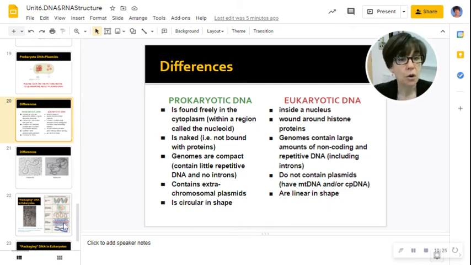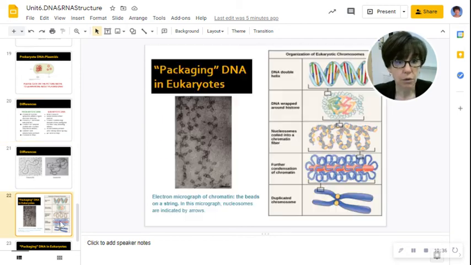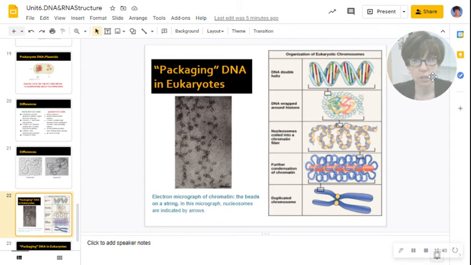Because we have so much DNA in one single piece of chromosome, we have to organize it. So in eukaryotes, there are levels of organization in our DNA. You start with the double helix, and then we do something called supercoiling.